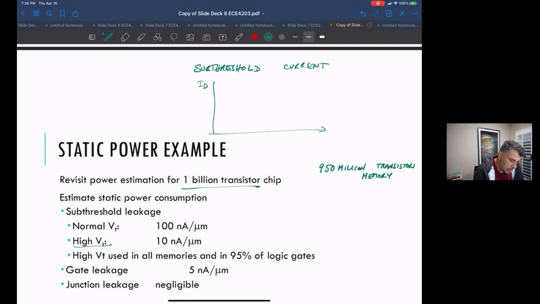If you looked at it in the log domain, versus linear VGS, what it looked like was when you hit VT, it didn't just go down to zero. Your current didn't go to zero. It would slowly drop in subthreshold. So subthreshold means below the threshold. Your current would drop, but wouldn't go to zero.